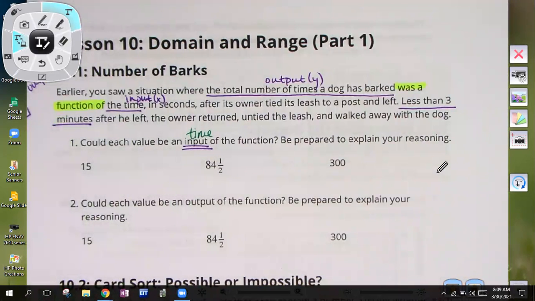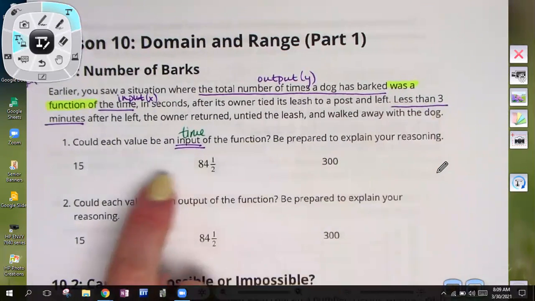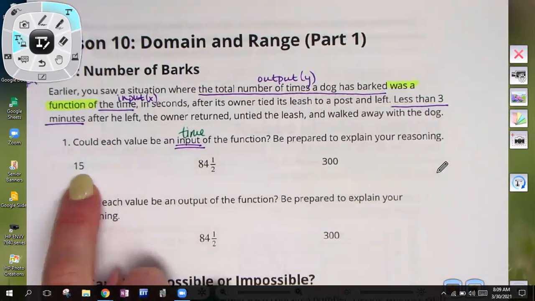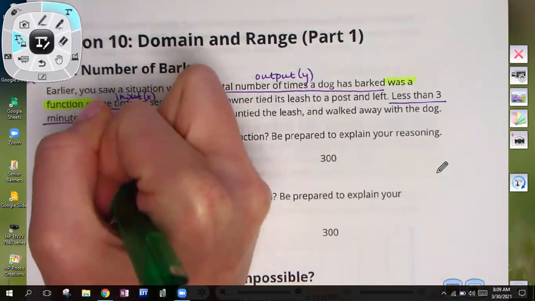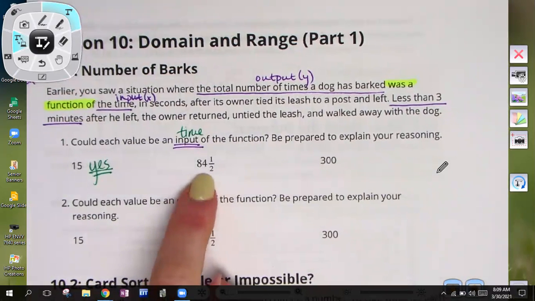I see a yes. Why do we know for sure that it is a yes? Because it says less than 3 minutes. Does 15 seconds fall within that time? Yes. So that would be a reasonable input that would work for this situation, so you can just put yes. What about 84 and a half seconds?